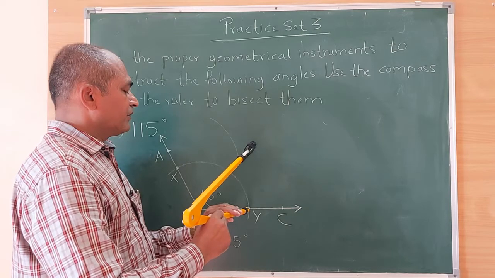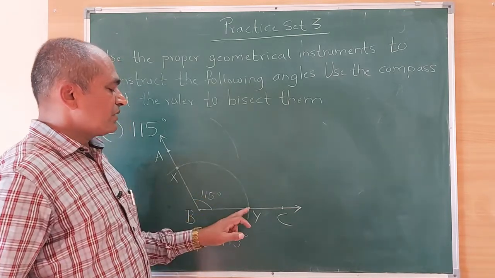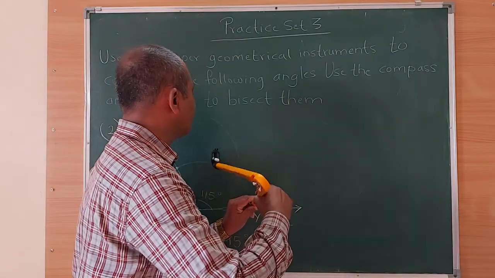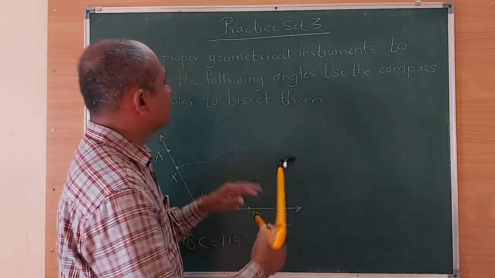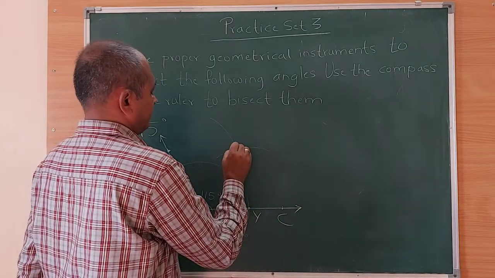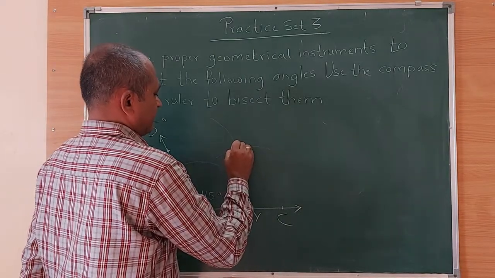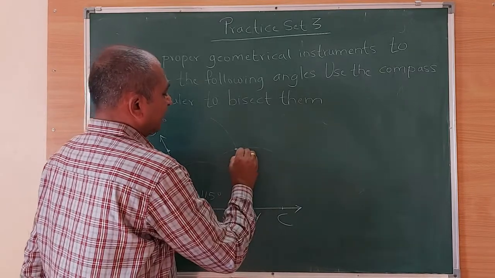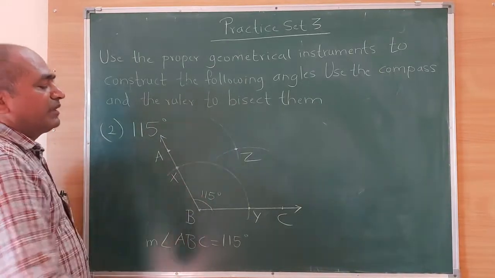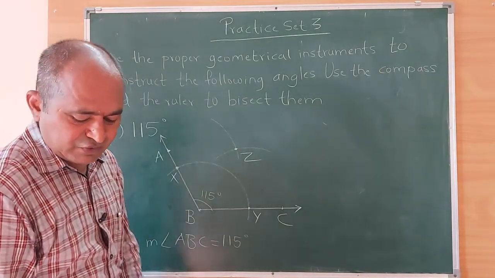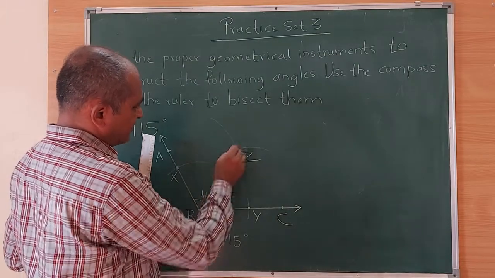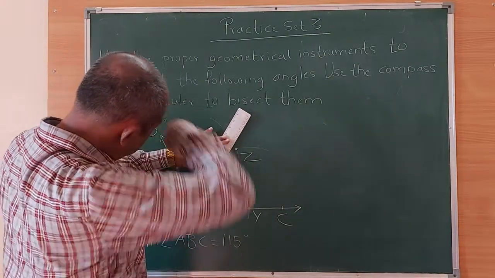Keep the point of your compass on the next intersection point, that is point Y, and draw one arc to cut this previous arc. I'll name this point as Z. So I got one point here, point Z. I will connect this point Z to the vertex of the angle.